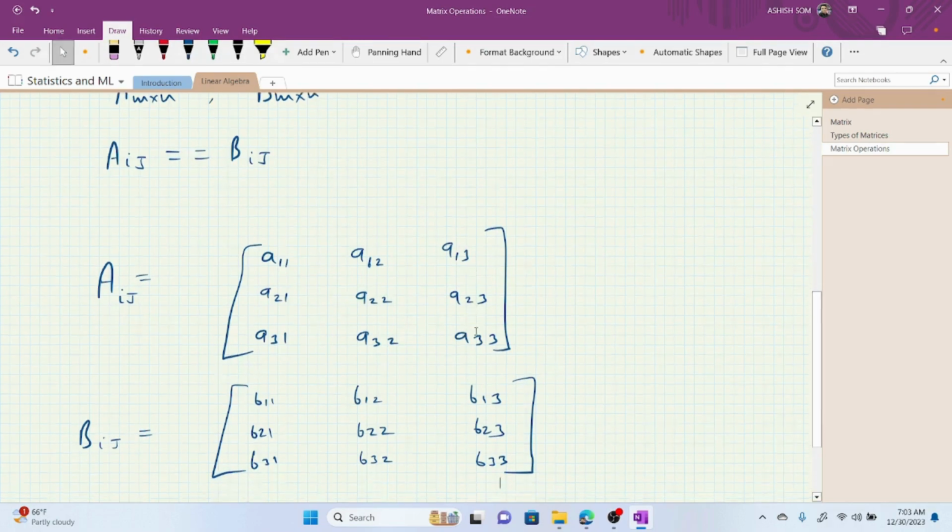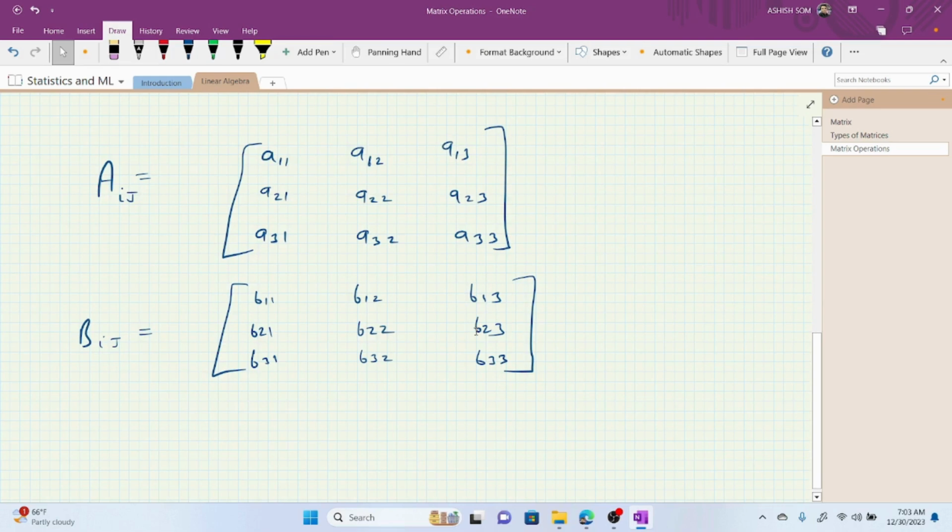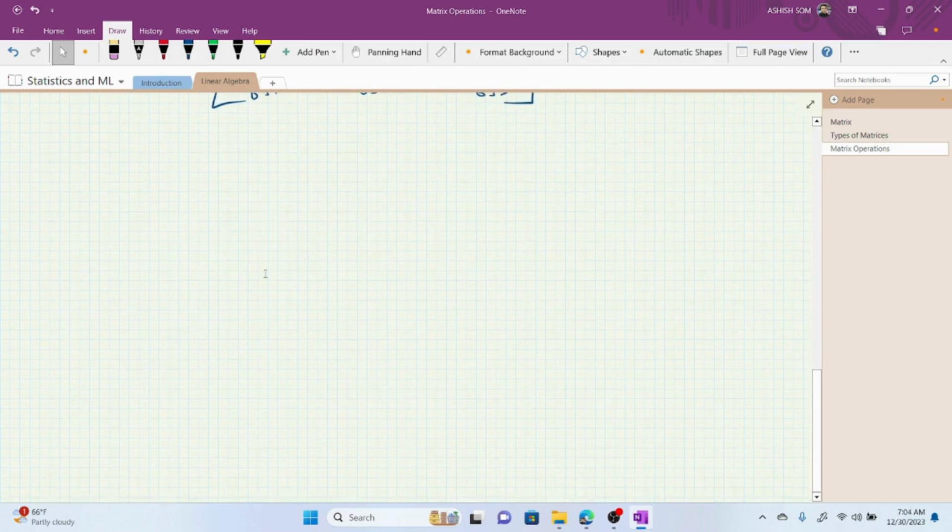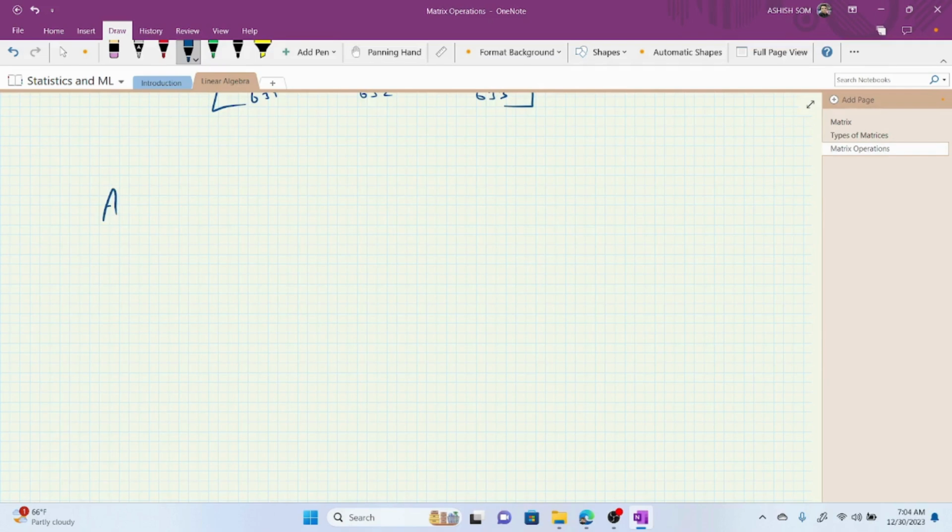Now what the equality says: if we have two matrices of the same shape, let's say 2 by 3, one matrix is 2 by 3, the other is also 2 by 3, and each corresponding element in both the matrices is the same, then we can say both the matrices are equal. Let's take one example. Let's say I have a matrix A and it is a 2 by 3 matrix: 2, 8, 8, and 4, 1, 7.